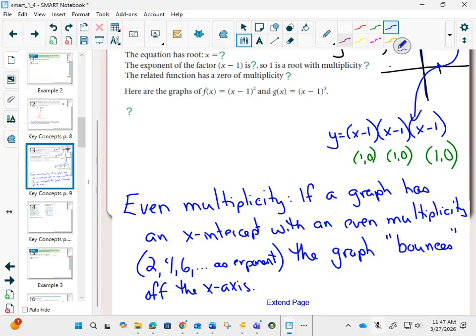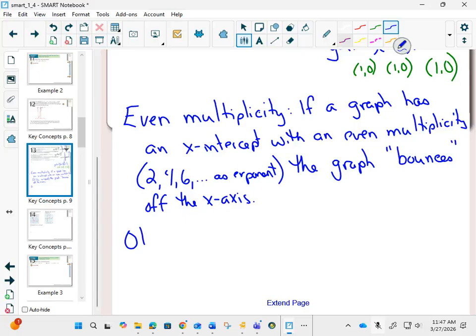And when you have an odd multiplicity, okay? So if the graph has an x-intercept with an odd multiplicity, there are 2 situations that happen. So we're going to sort of separate it into 2.